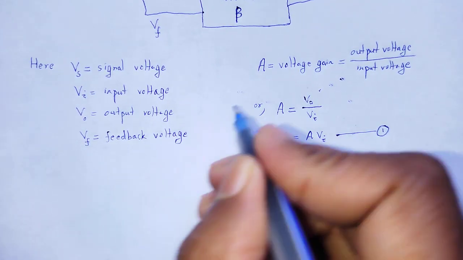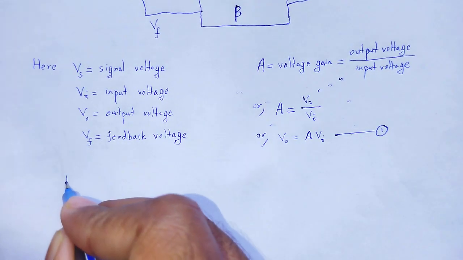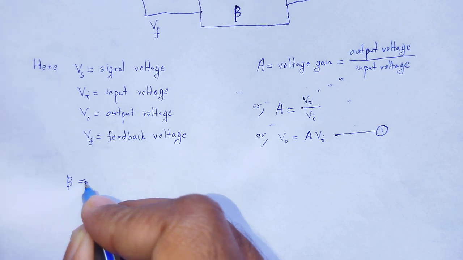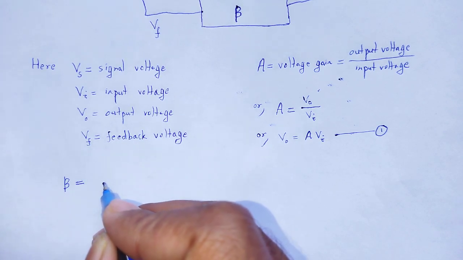Next, beta, which is called the feedback fraction.